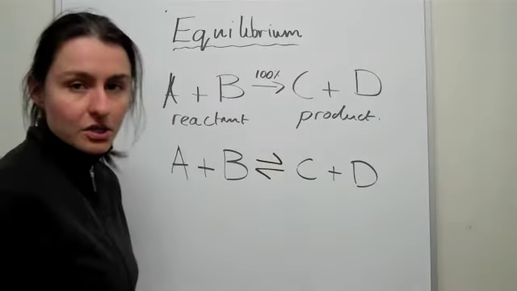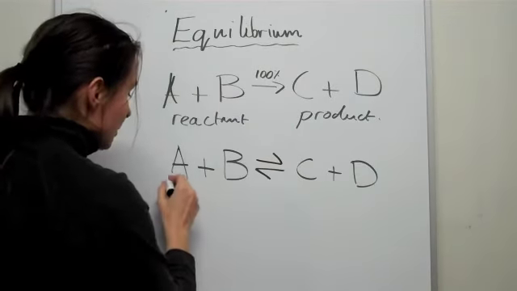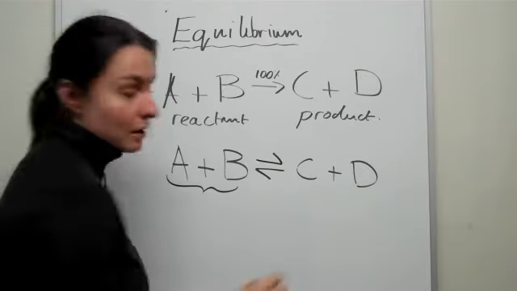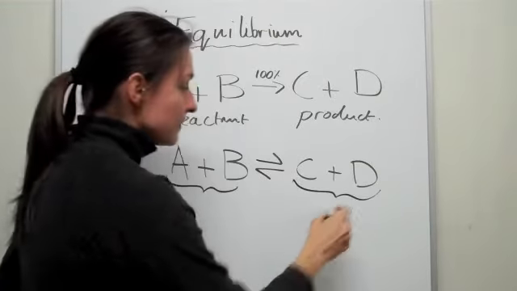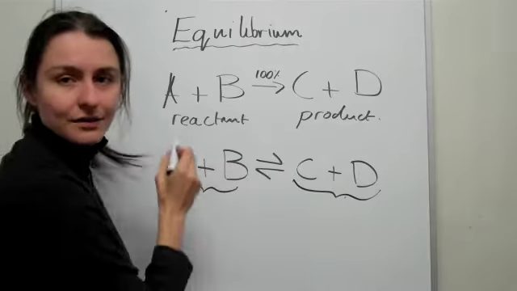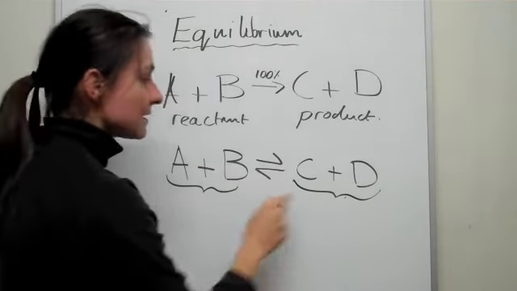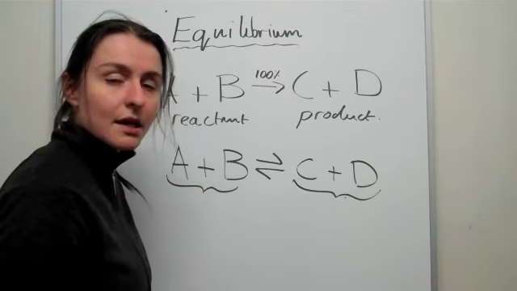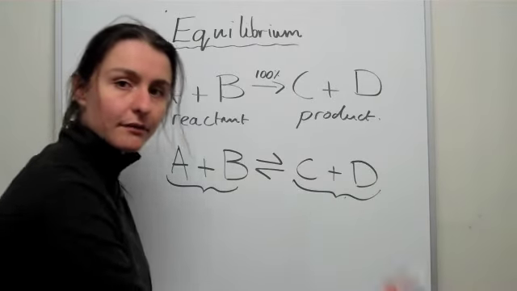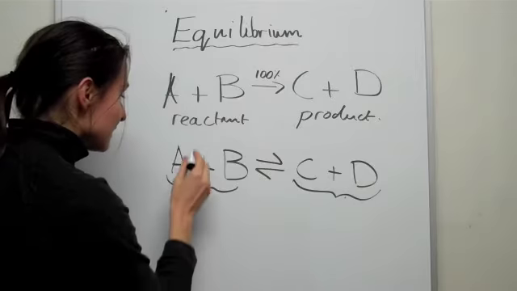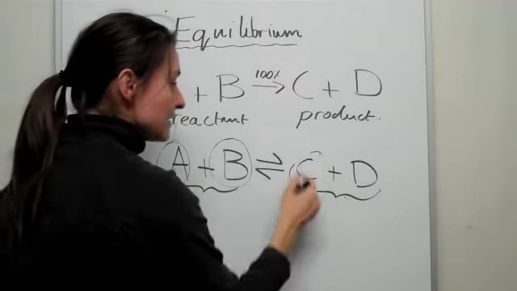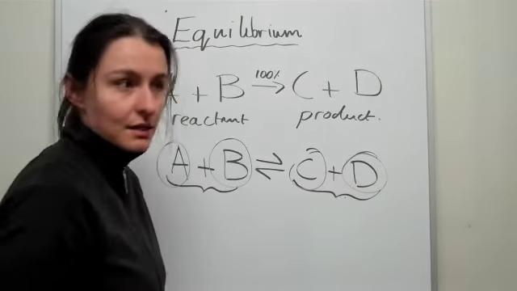An equilibrium equation is an equation in which you're converting this stuff to this stuff, and then this stuff is converting back to the reactants. And therefore you have a system that is continuously dynamic, it's continuously going back and forth, but the concentrations of each of these remain the same at equilibrium.